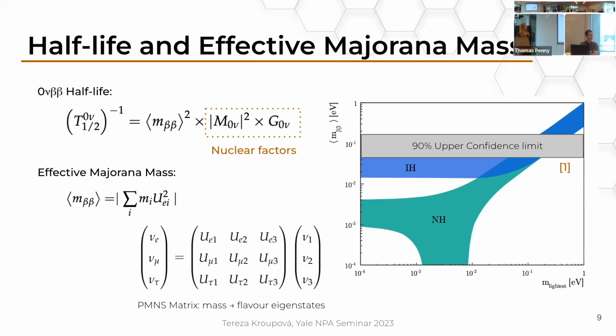As you can see, here's plotted the current best limit coming from the KamLAND-Zen experiment. This band on the upper limit comes from the uncertainty on the nuclear matrix element, so we actually don't know whether the limit is here or here. But what you can see is that it's starting to probe this flat portion of the inverted hierarchy region.